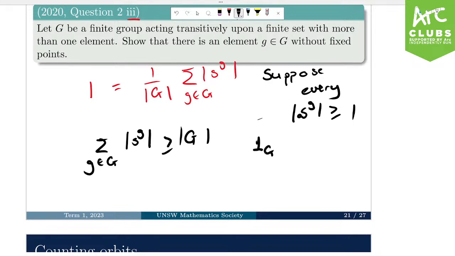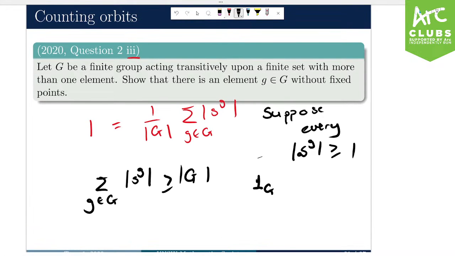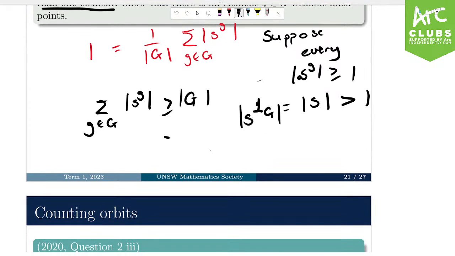So the fixed point set of the identity is everything in S. And we know that S has more than one element, so this has to be larger than 1. So if this is larger than 1 and everything else is at least 1, then what this means is that this sum is strictly greater than |G|.